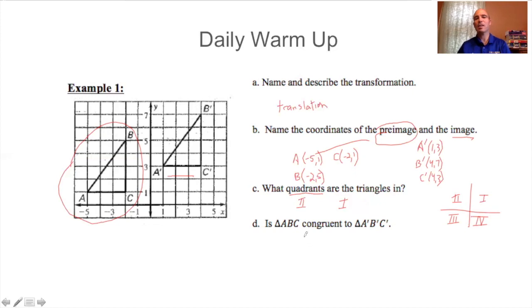And then, is ABC congruent to the new ABC? The answer is yes. As you will come to find out, many of these transformations just take the same triangle, or same image, I should say, it's not always a triangle, and move it around, whether it's slid around, flipped around, or twisted around.